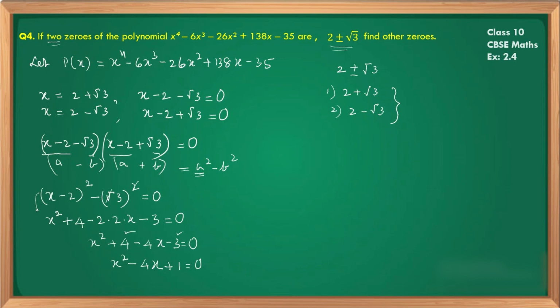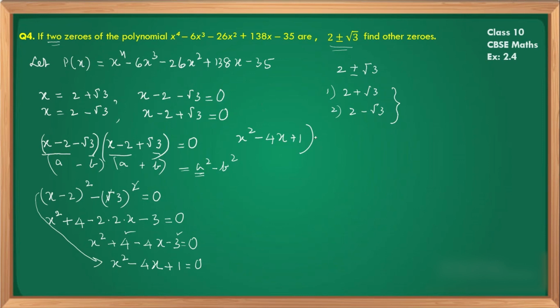From here we got this polynomial and this will be dividing our given polynomial which is in the question, x to the power 4, etc. Okay, we can do now that division. x square minus 4x plus 1. This is the divisor.